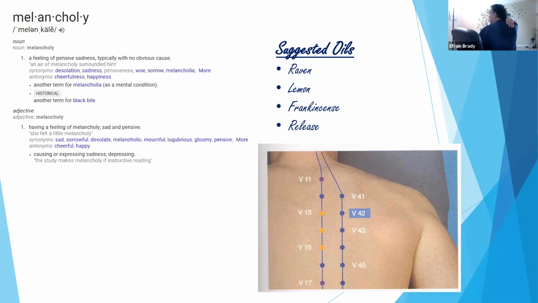Even if you apply it in the whole area, this works amazing. Why? Because each acupoint that works one emotion also supports the one that is right beside it. Here you see V42 that works melancholy. Melancholy is connected with the metal element, and the organ there is the lung.